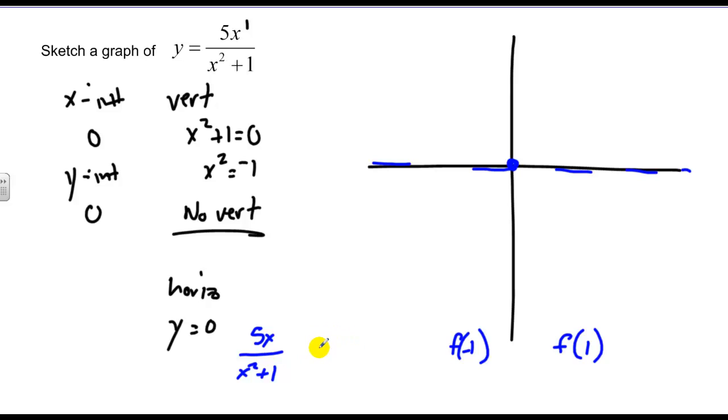When I plug in a negative, the top gets me a negative, the bottom gets me a positive, which gives me a negative value, but as x goes to negative infinity, I have to approach this horizontal asymptote. So this is going to go in the negative direction, but it's going to come back and hug that line right there. When I plug in a positive 1, I get a positive on top over a positive on bottom. So this is going to be in the positive direction, but as I get bigger and bigger, my behavior says I got to approach that line. So it looks something like this. Kind of unique graph.